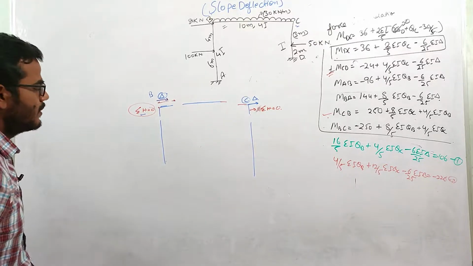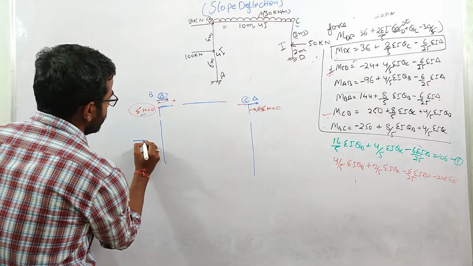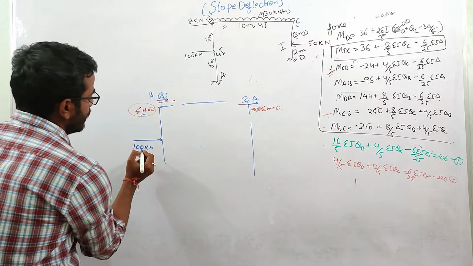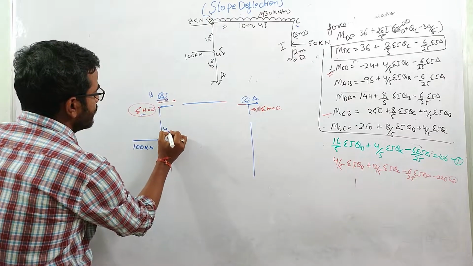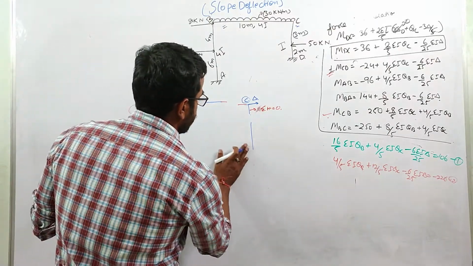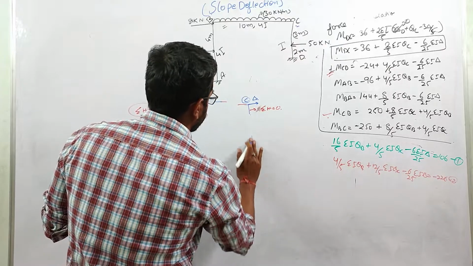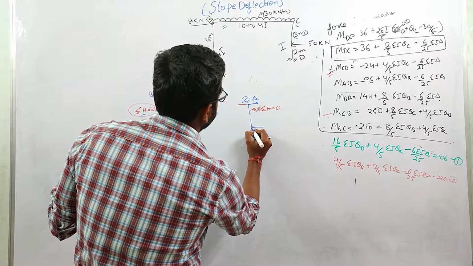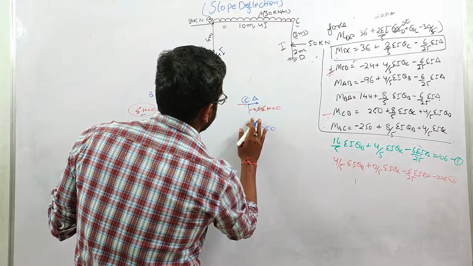So now let us come to this thing. Here you can see that 100 kilonewton load is acting at this point. This distance is 6 and this is 4. And at this point, this is 50 kilonewton load.